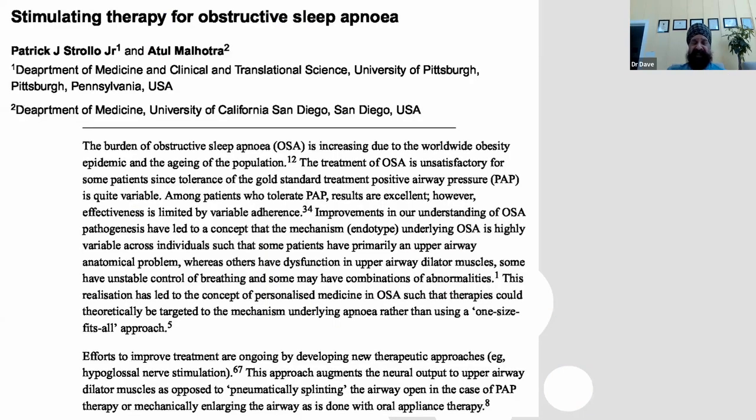So the area that's emerging is stimulating therapy for obstructive sleep apnea. The response to PAP therapy is quite variable. Some new therapeutic approaches are being advocated, such as hypoglossal nerve stimulation. And the nature of the stimulation is electrostimulation.